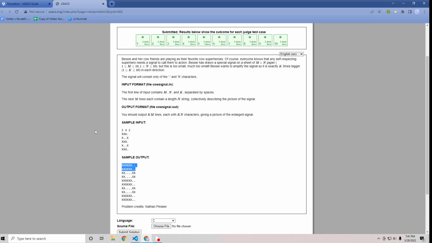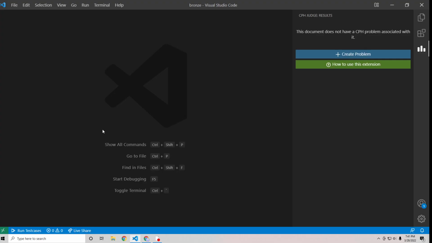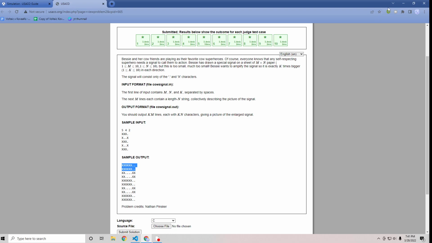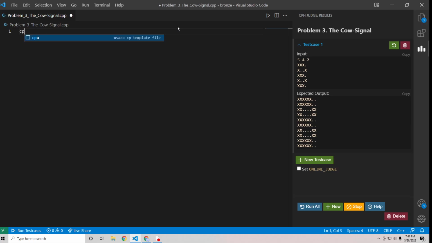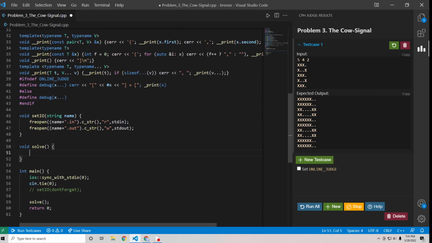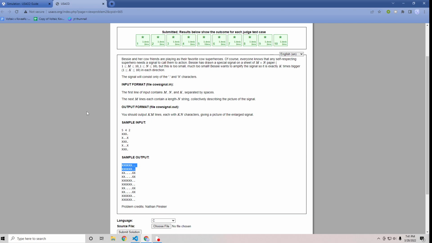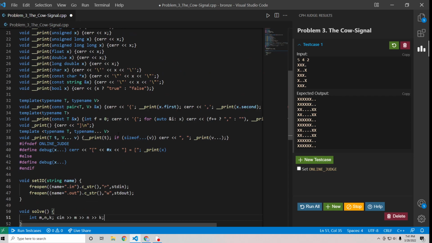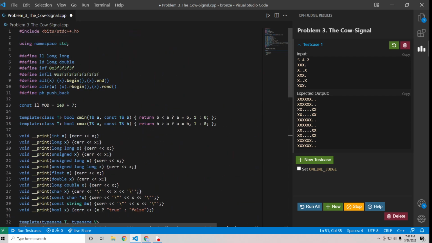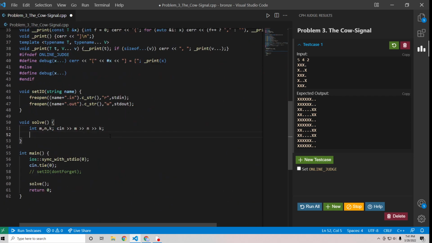Okay. Let's try and solve it. We're given the order is M, N and K. Okay, I didn't put read, that's fine.